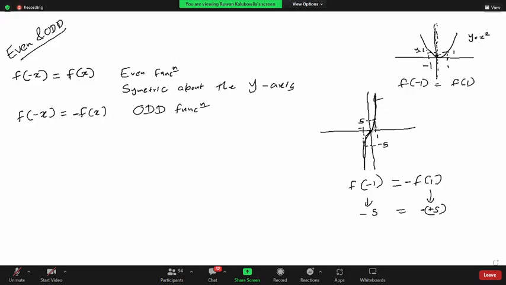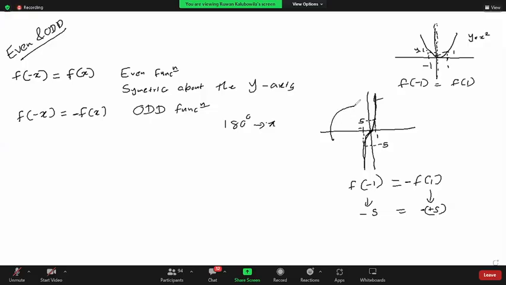This is called rotational symmetry. That means if you rotate the graph of the function about the origin by 180 degrees, then you have the same graph.